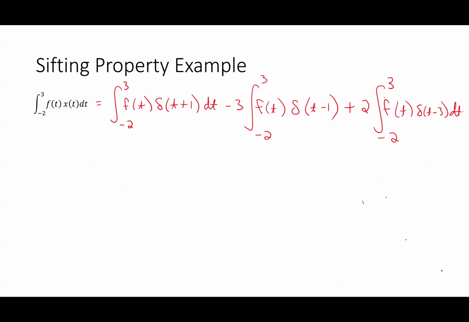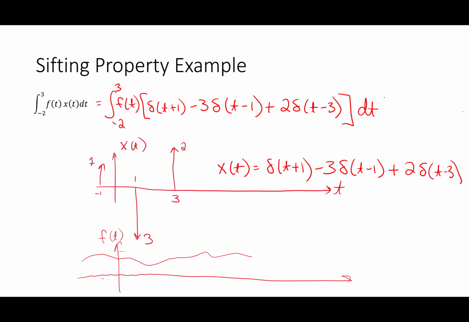So let's think about this for a second. At t equal -1, what value would I pull off? I pull out f of -1. So I get f of -1.